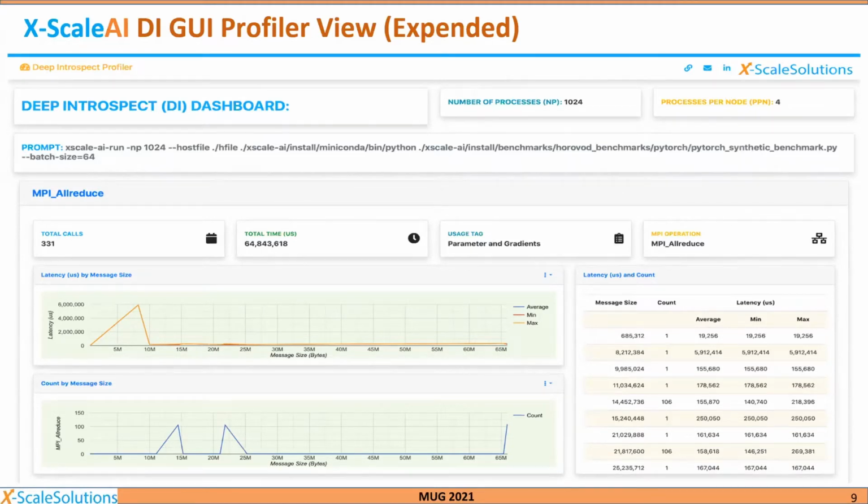This gives us an idea what kind of range of operations this application is using, as well as how the real latency is accumulating, as well as stats. The table on the right, the lower right corner, has more detailed data if you are interested in looking at the detail for analysis purposes.